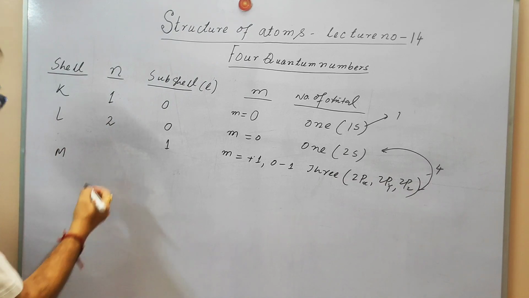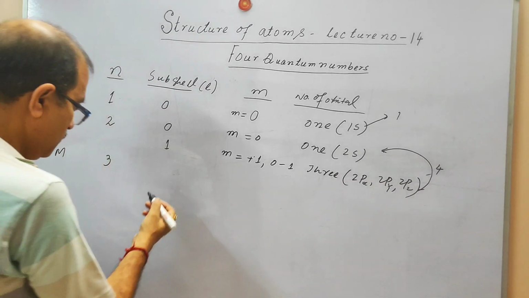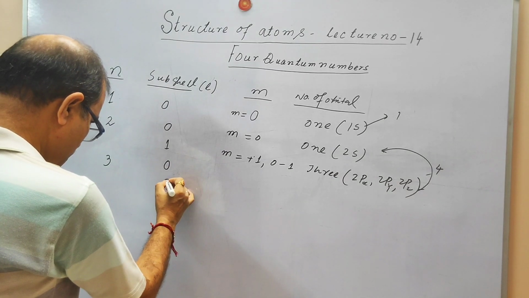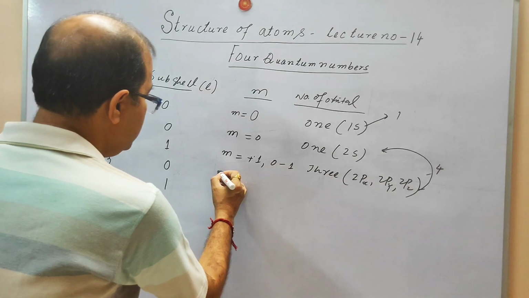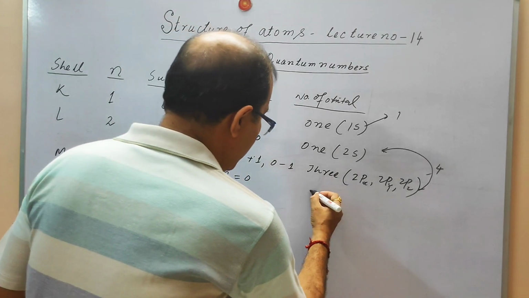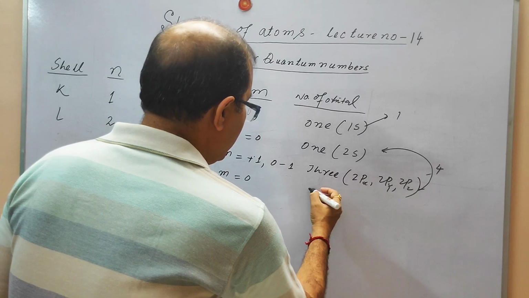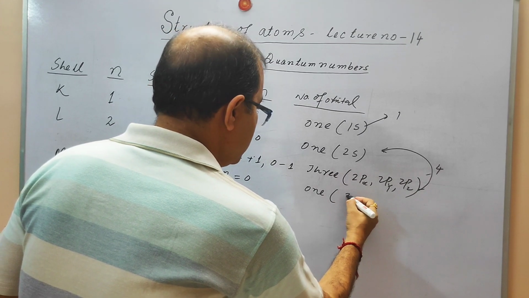In the M shell, the principal quantum number is 3 and it will have the azimuthal quantum number 0, 1 and 2. Here m is equal to 0 and it is 1 orbital, that is the 3s orbital.